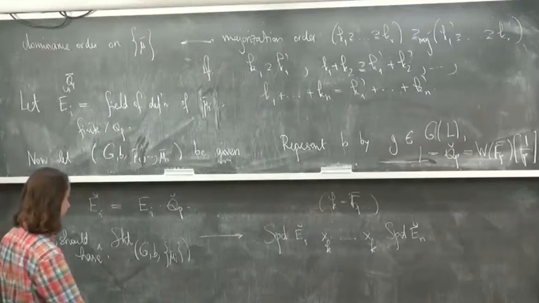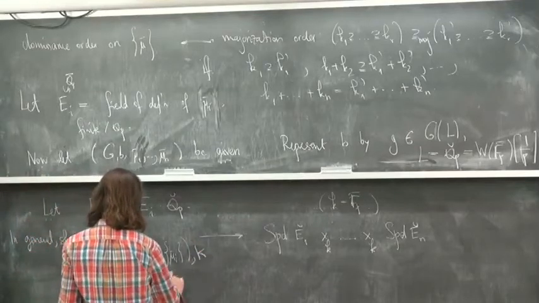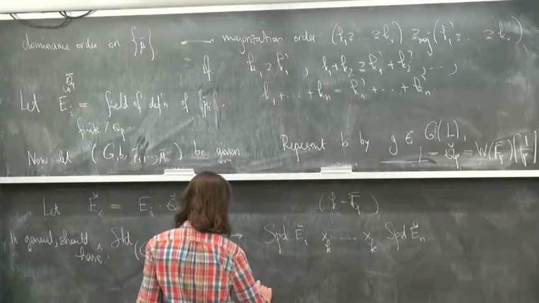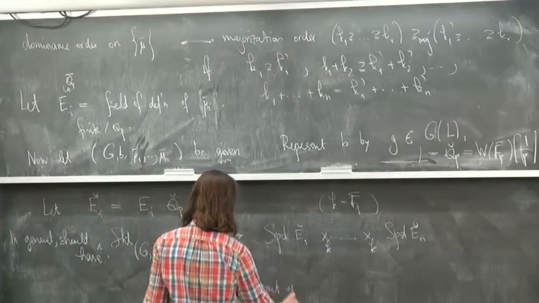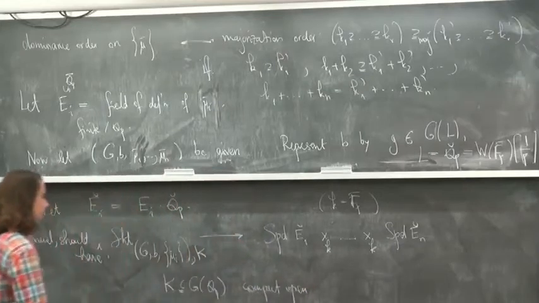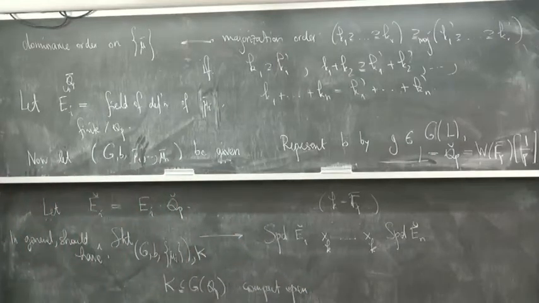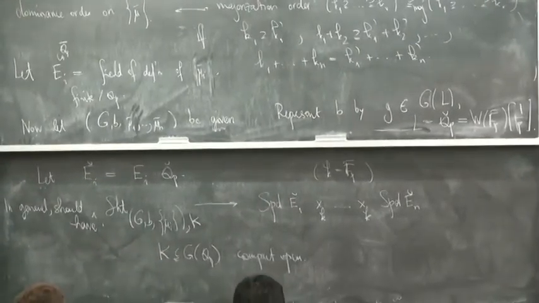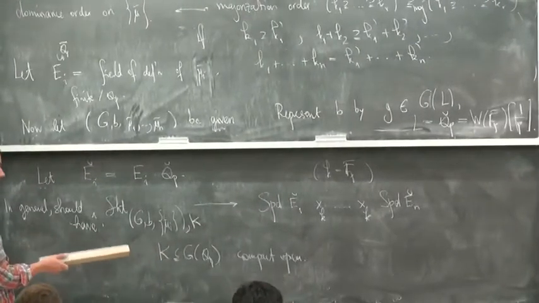And maybe I should also introduce some K, where K in G(Q_p) is a compact open subgroup. But if my group is GL_n, then I have GL_n(Z_p) as a canonical compact open subgroup in there.